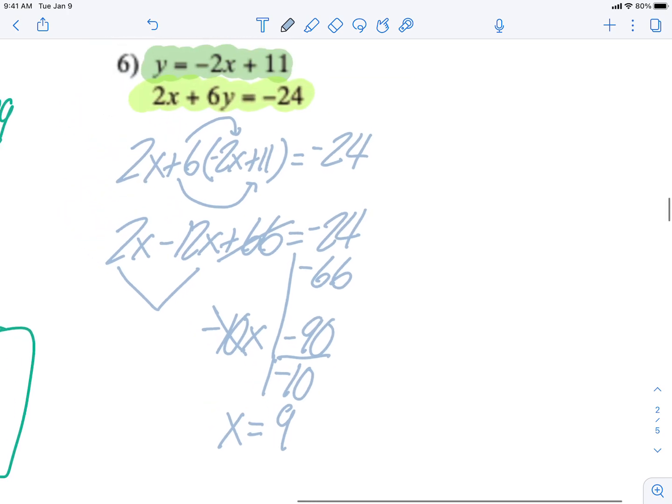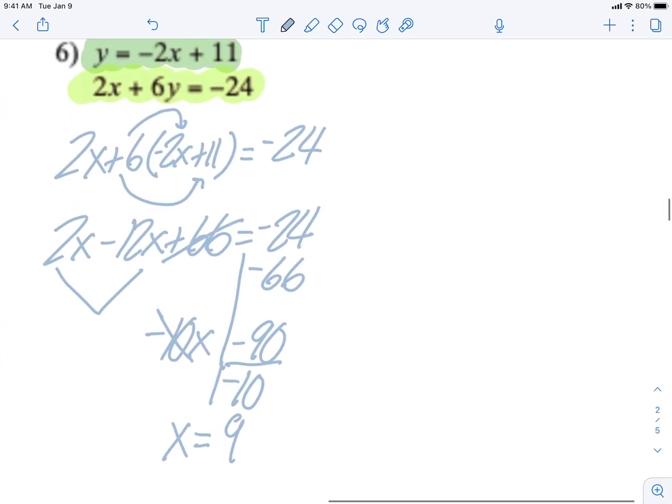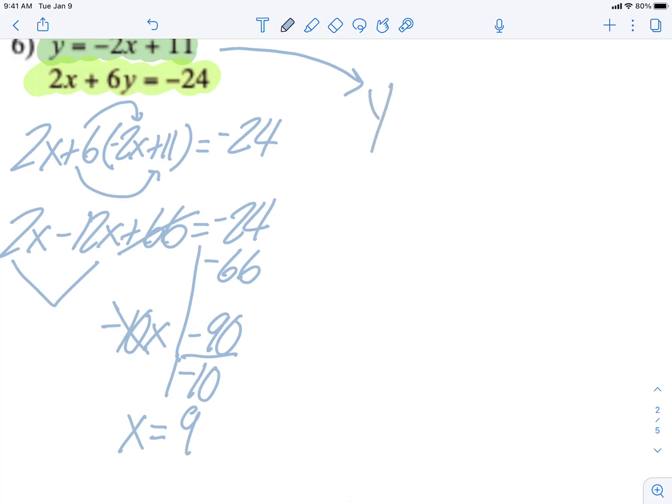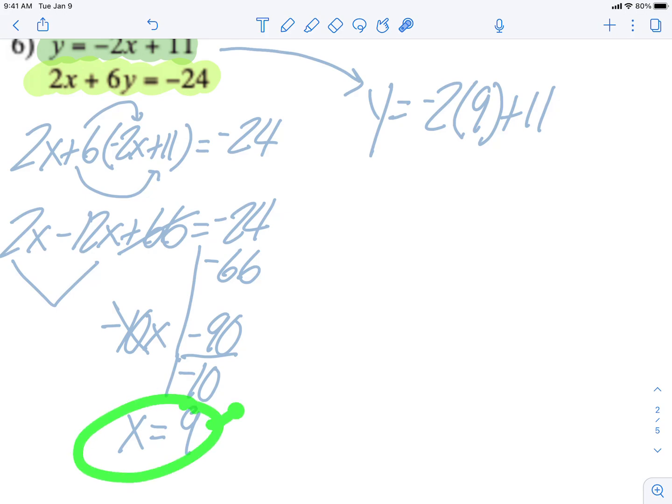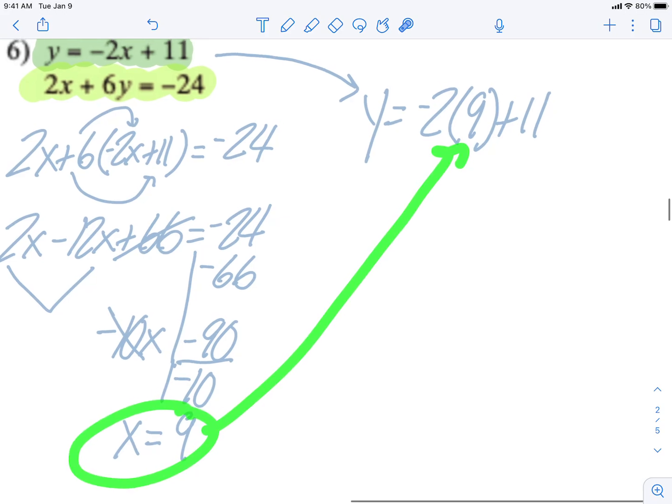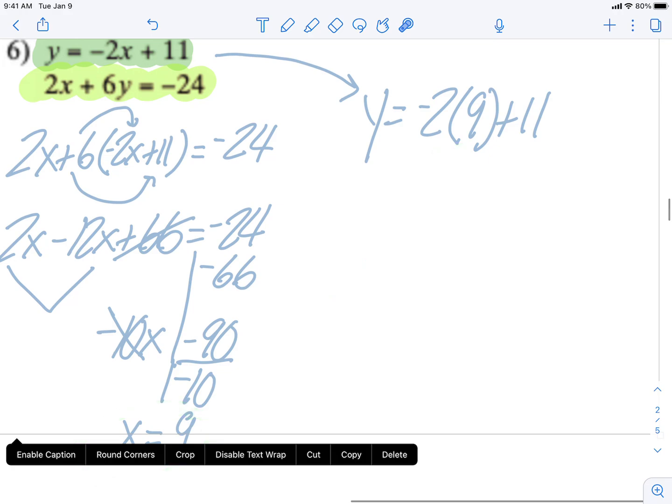Look at that. And my dark green is already y equals. So y equals negative 2 parentheses 9 plus 11. Again, I knew to plug in 9 because x is equal to 9, right?